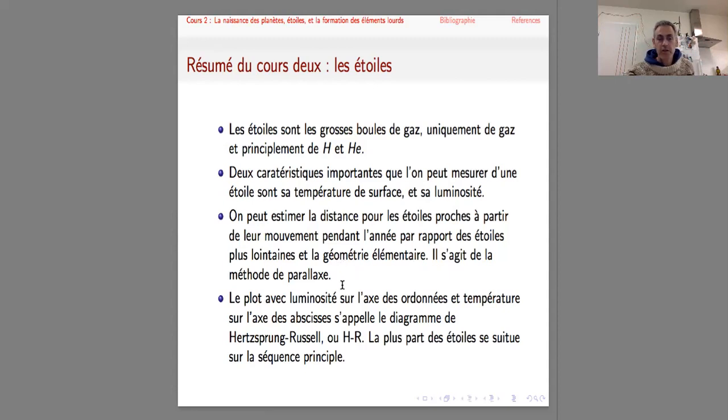Using geometry, you can calculate the distance to these stars. That's all we really have time to discuss in this class. There are many other methods for measuring distance to stars and galaxies used by astronomers and astrophysicists. The parallax method is just the starting point that got going in the 19th century.